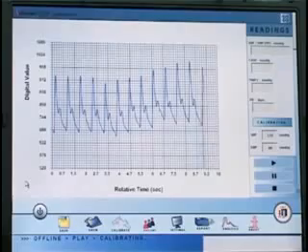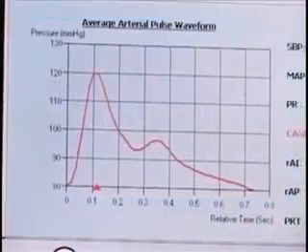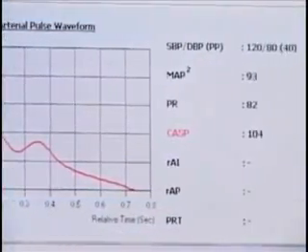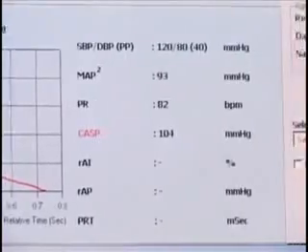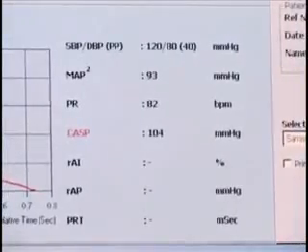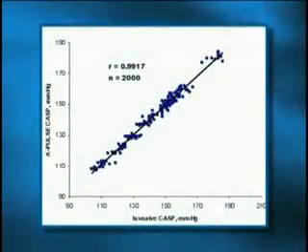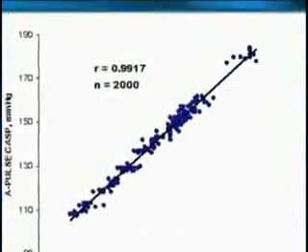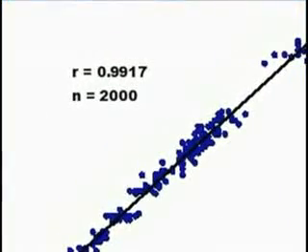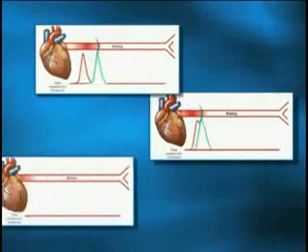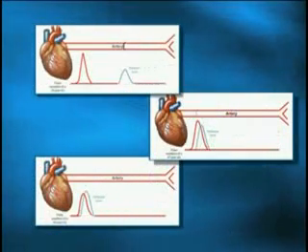We measure the central pressure here, and we read off the central pressure as calculated by the APE house. We have 2,000 patient waveforms, and the accuracy was 0.9917, which is unbelievable.